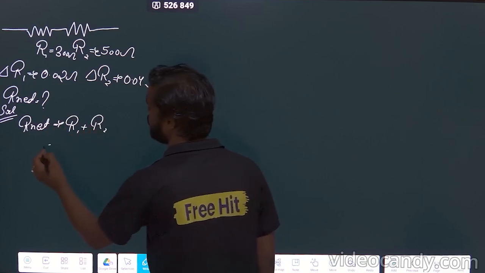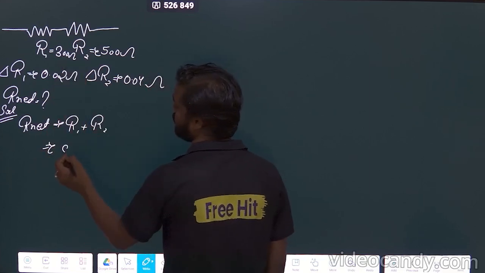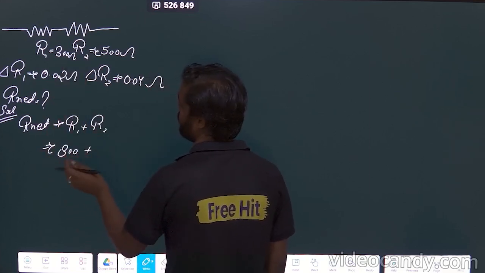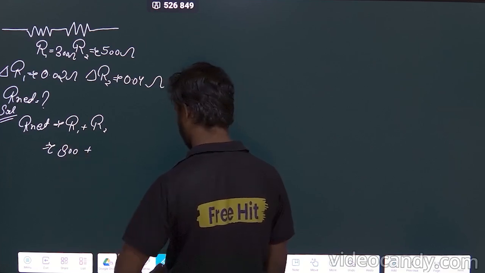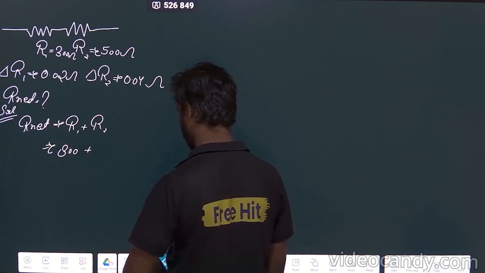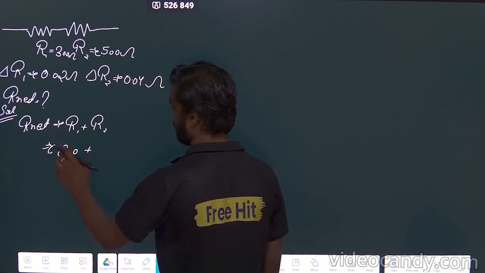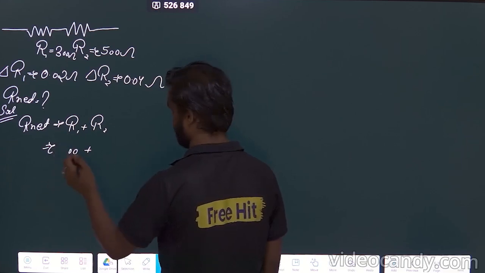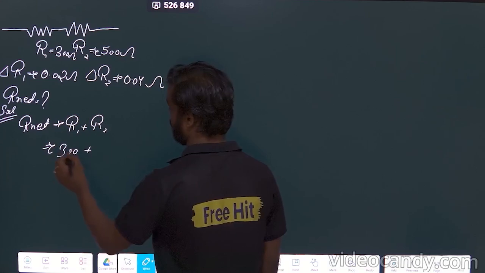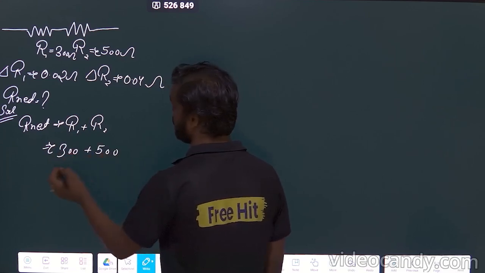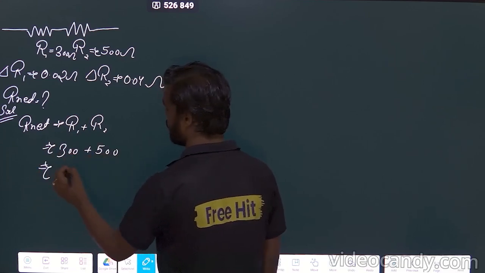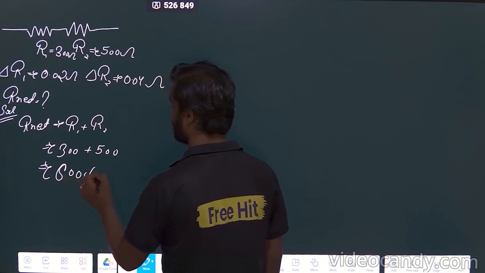So my true value I can calculate from here, that is 300 plus 500. It will become 800 ohms.